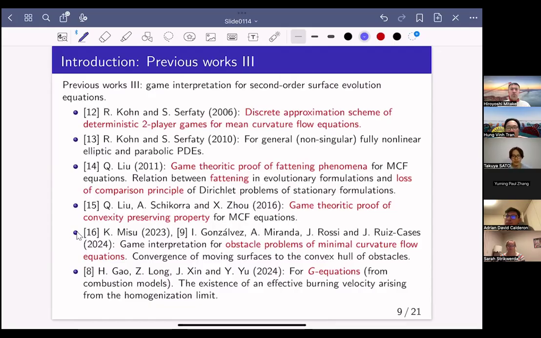And number 16 is about an obstacle problem for surface evolution equations. In their studies, they showed large time behavior of the surface by using the game interpretation. And number 8 is about the G-equation given by convolution models, and this game interpretation is also applied to show homogenization.